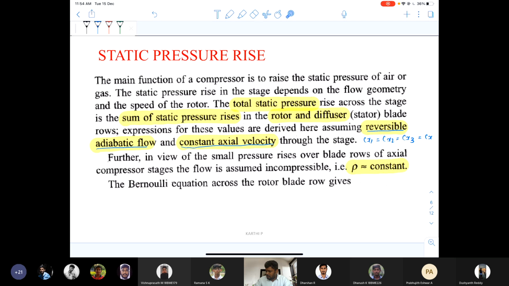Now, we are considering Bernoulli's equation across the rotor blade rows to derive this static pressure rise.